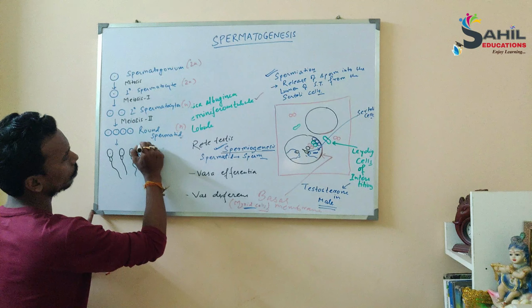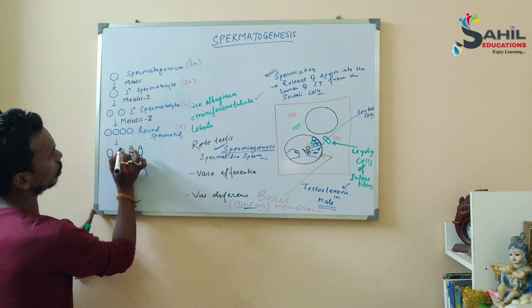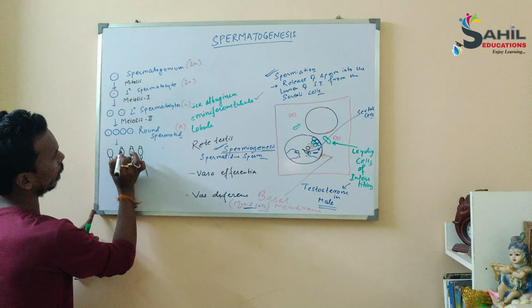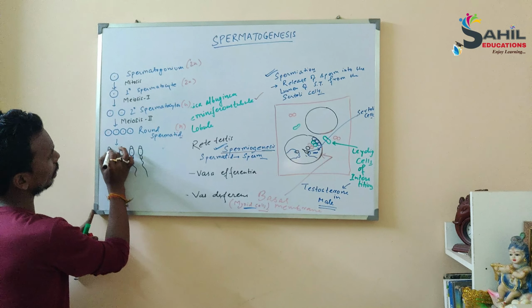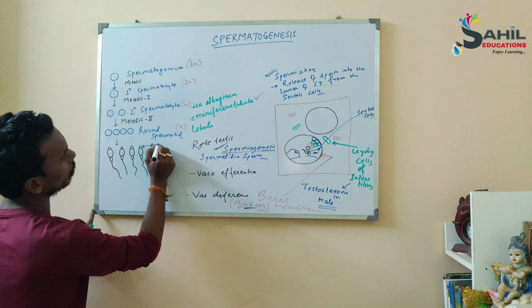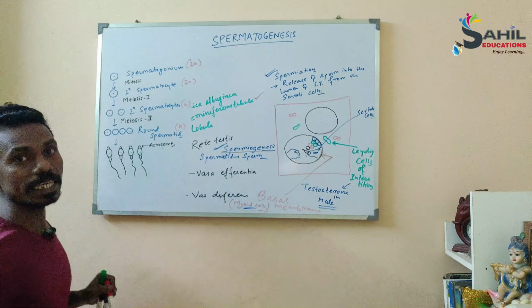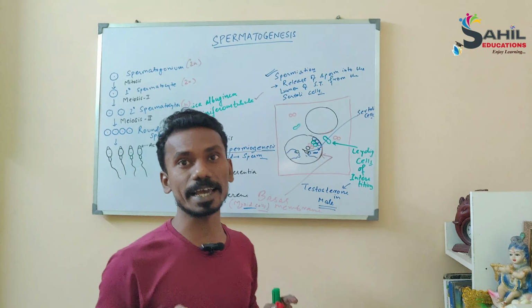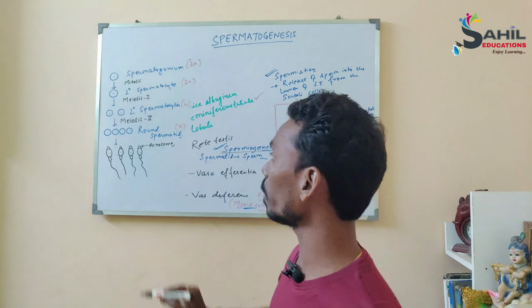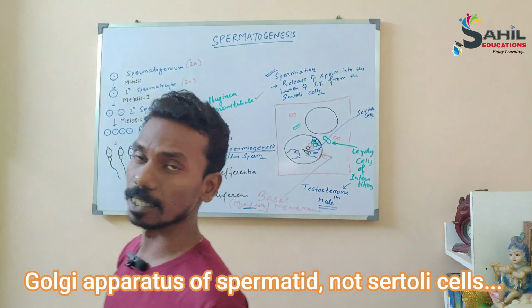They have the cap-like structure which is known as acrosome, and these acrosomes are formed by the Golgi apparatus present in these Sertoli cells.